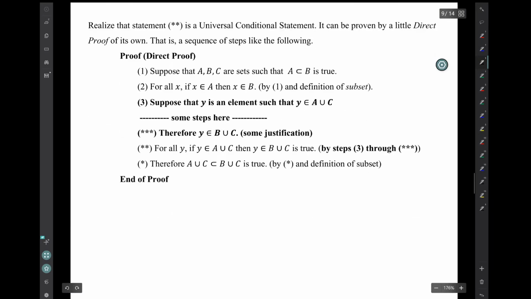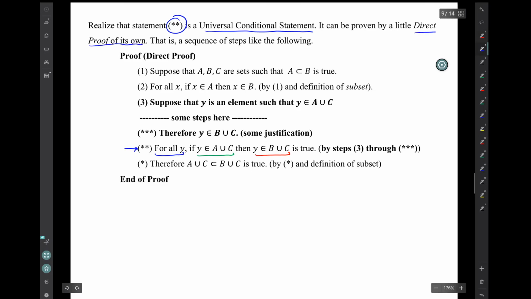Let's go on. Now realize that statement double asterisk is a universal conditional statement. There's the universal quantifier for all y. There's the hypothesis, y is an element of A union C. There's the conclusion, y is an element of B union C. Now remember that universal conditional statements are proven by direct proofs.